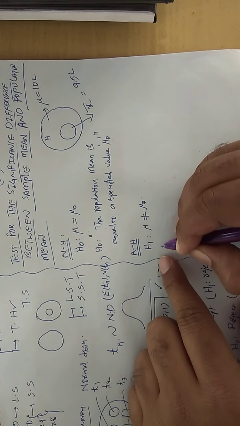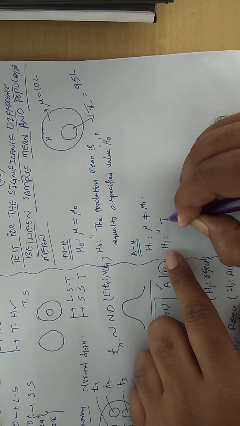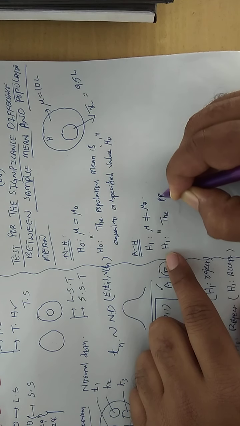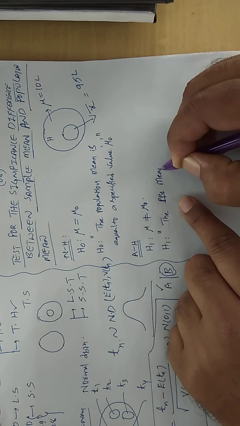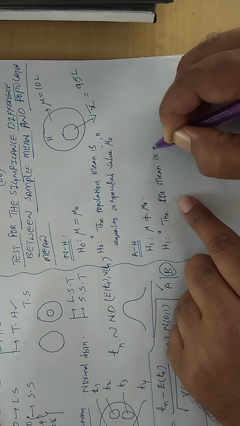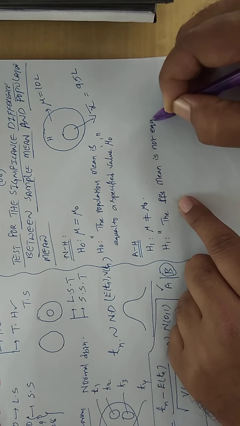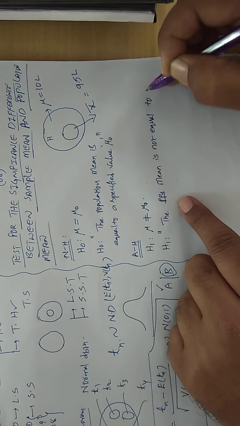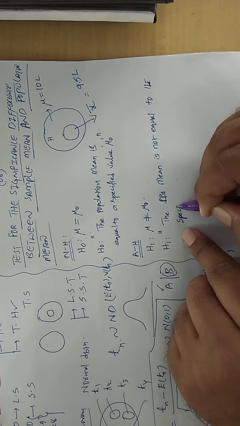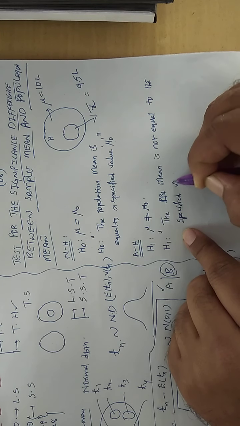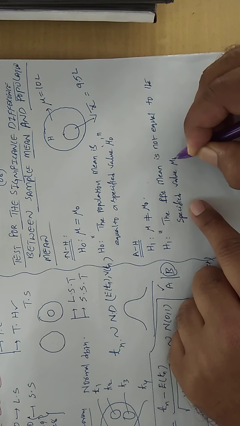Then what is the verbal information? H1: the population mean is not equal to, and this word is very important, is not equal to the specified value, mu naught.